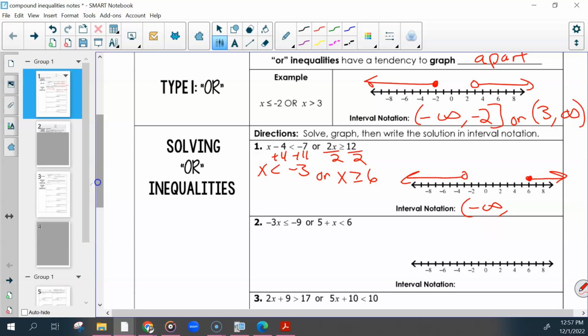Parentheses, negative infinity, comma, -3 bracket, no, parentheses for this one, because it's open. And then 4, bracket 6, comma, parentheses, infinity. There is a parentheses at the end of that. It's just really close to the end of the board. Okay, questions on that one?